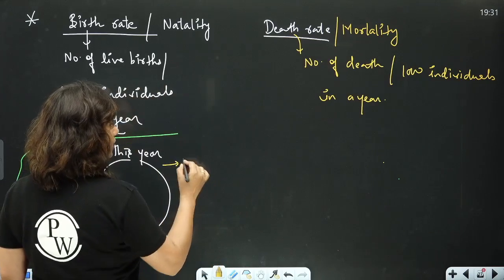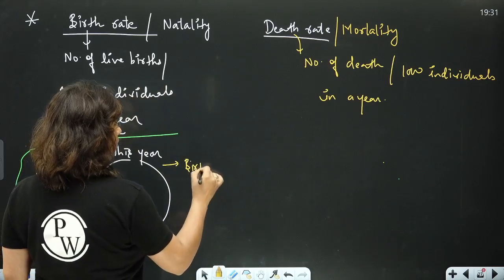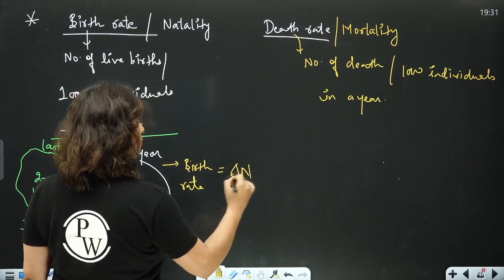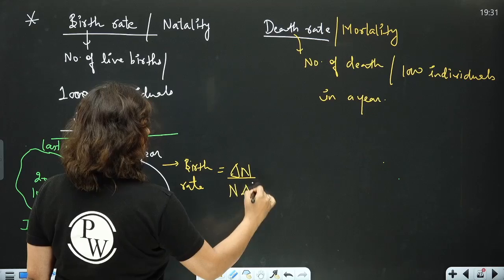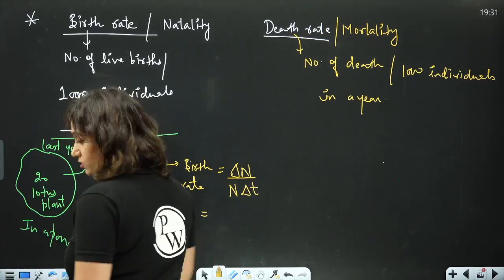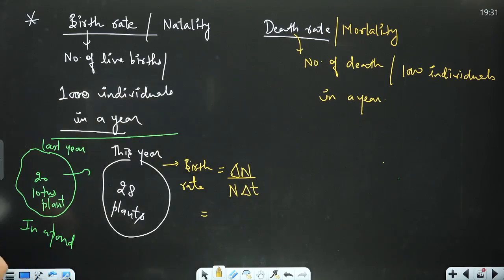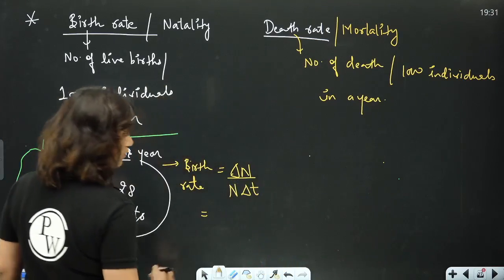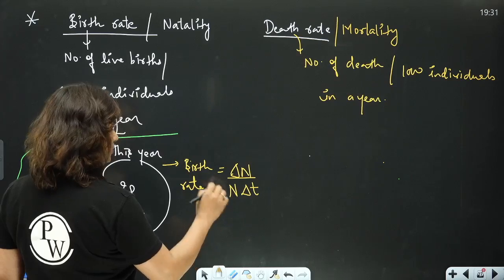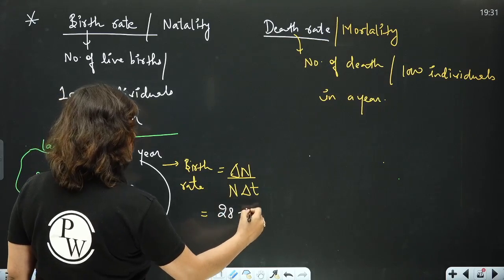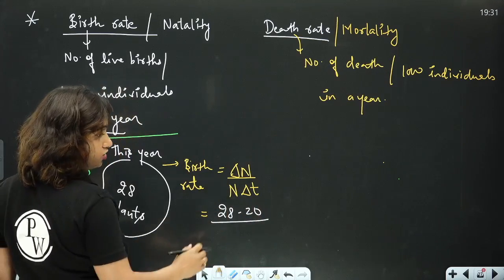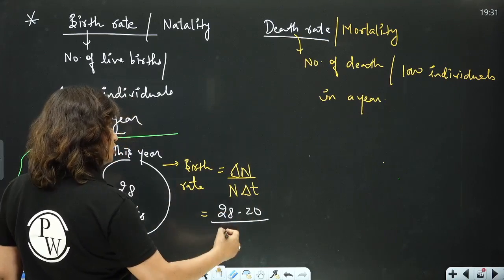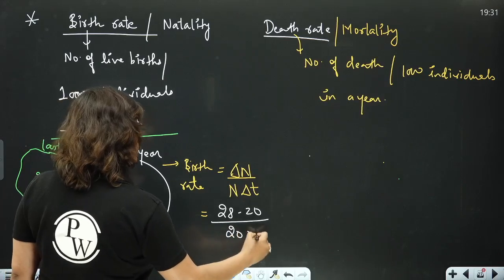The birth rate will be calculated as delta N upon N into delta t. What is delta N here? This year 28, last year 20. So delta N is the change that has occurred, upon N. What is the initial population size? 20, and I am taking 1 year.